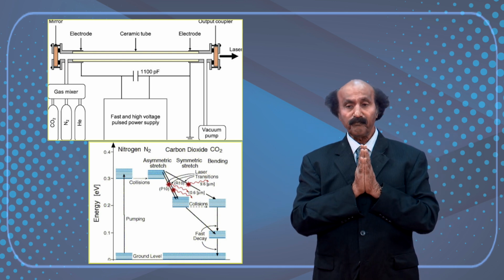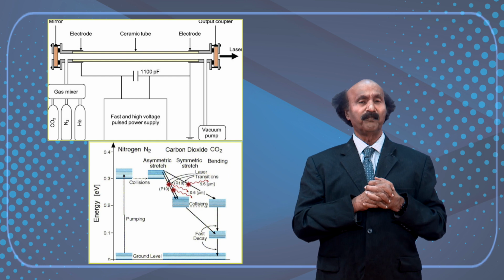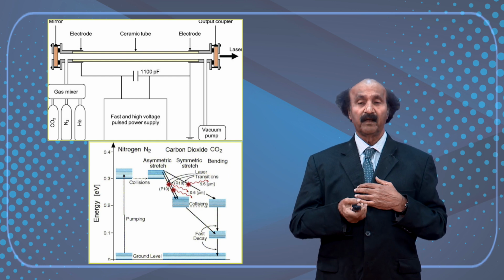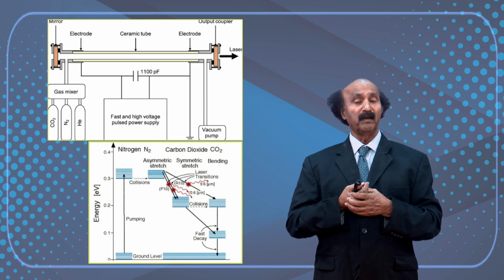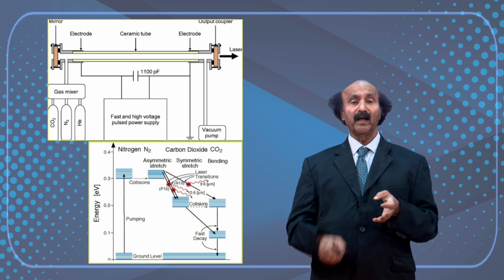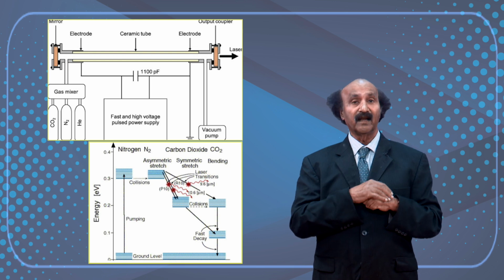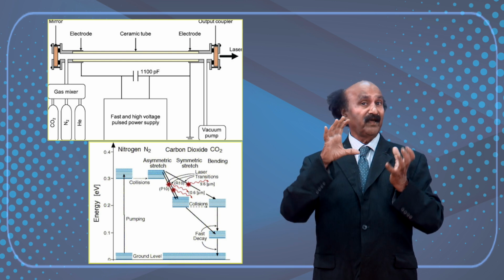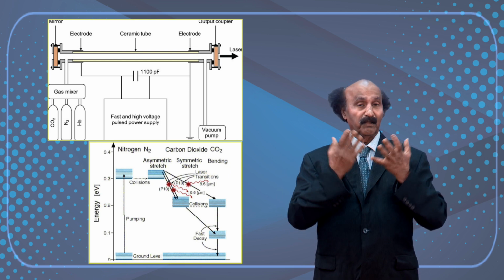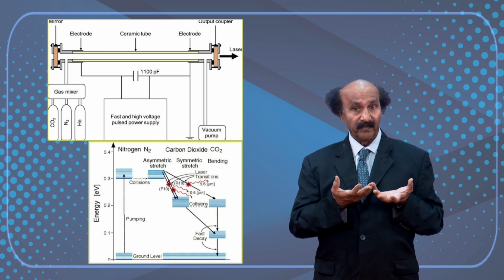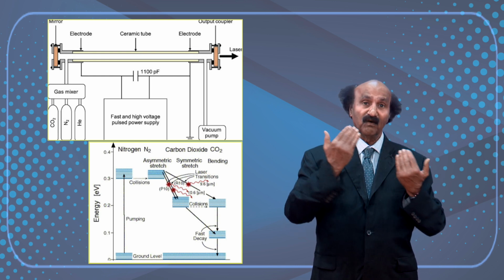Okay. Another interesting thing is, why should the diameter of the tube be maybe 10 millimeter? I say, why don't I have a very big diameter? Yes, I can, but if I have a very big diameter, the molecule which went to the lower laser level will not collide with the walls.